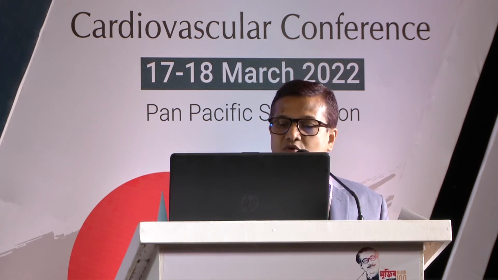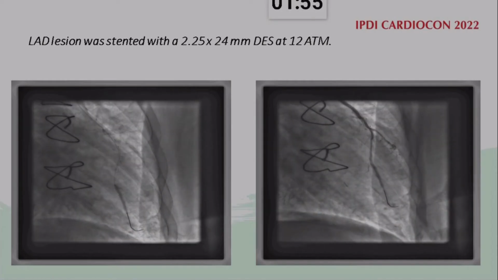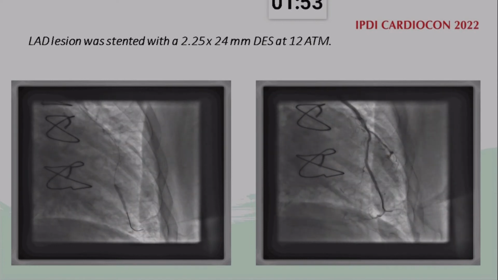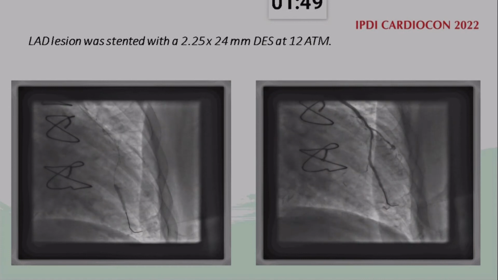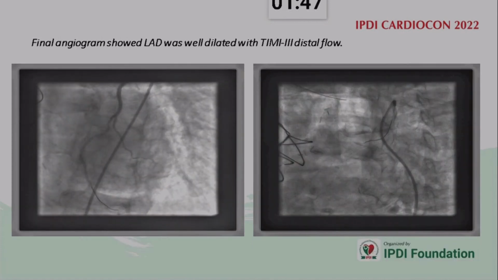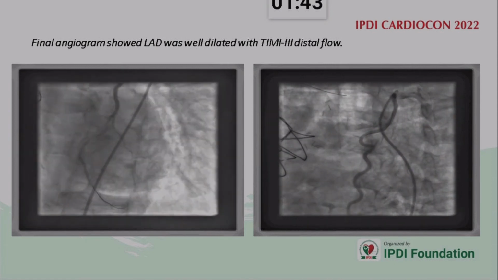After pre-dilatation, the lesion was well prepared and we proceeded to put a stent. LAD lesion was stented with a 2.25 by 24 millimeter DES at 12 ATM. Final angiogram showed LAD was well dilated with TIMI 3 distal flow.